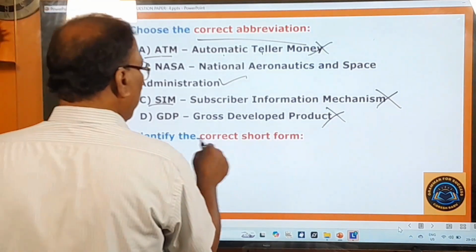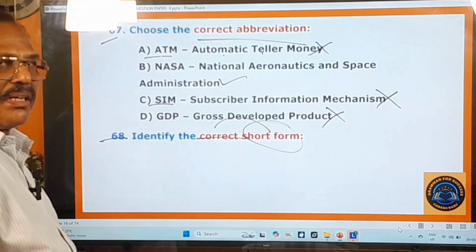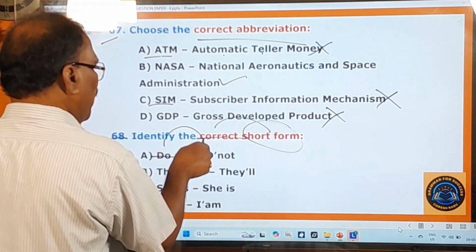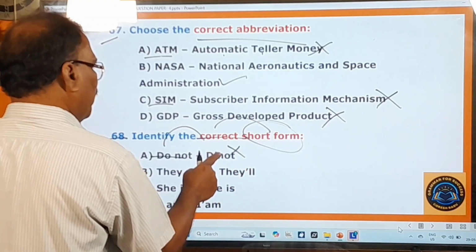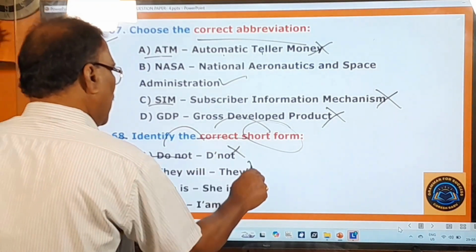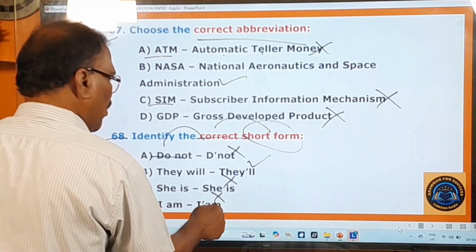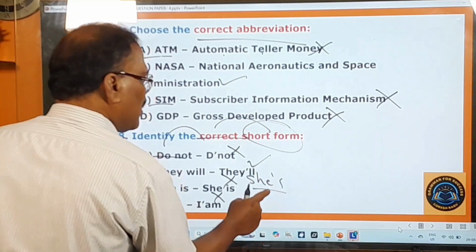68th one, identify the correct short form. So he is asking you to find out the correct short form. So do not. What is the short form of do not? Here do not is there. It's not the right form. They will, this is the right one. She is, short form is not this. I am, short form is not this. What is the short form is she is, this is the short form.